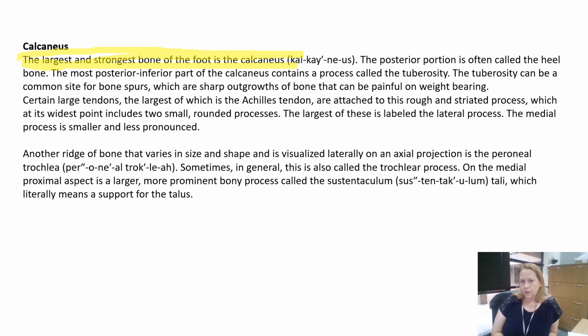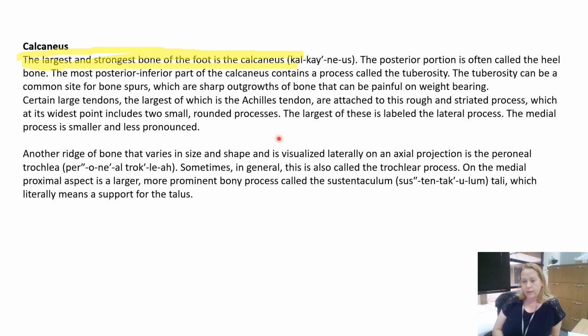The posterior portion is often called the heel bone. The most posterior inferior part of the calcaneus contains a process called the tuberosity. The tuberosity can be a common site for bone spurs, which are sharp little outgrowths of bone.